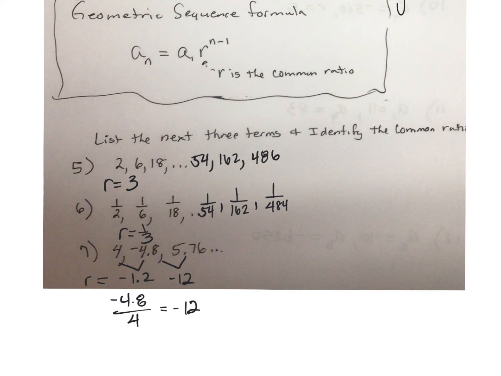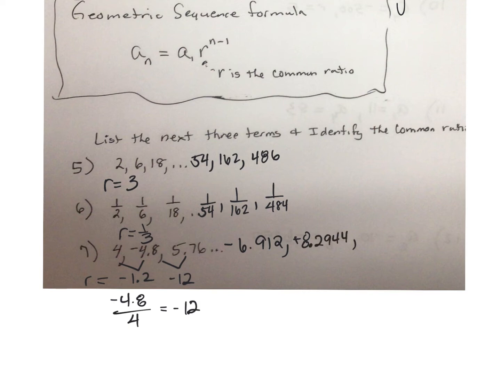You will have calculators. Okay? And so then my next one, 5.76 times negative 1.2 is negative 6.912. Times that by negative 1.2, and we get positive 8.2944.